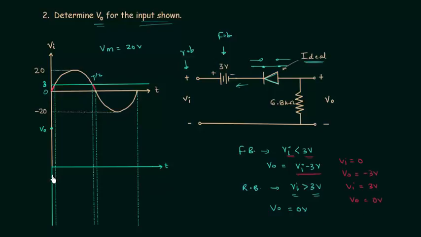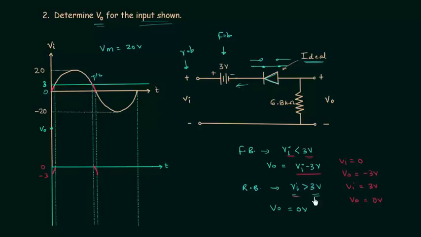So the waveform will look something like this. This is minus 3 volts. This is 0 volts. Vi is equal to 3 volts here. So we have 0 volts here. Vi is equal to 0 volts here. So we have minus 3 here. So this is how the waveform will look for this interval of time.